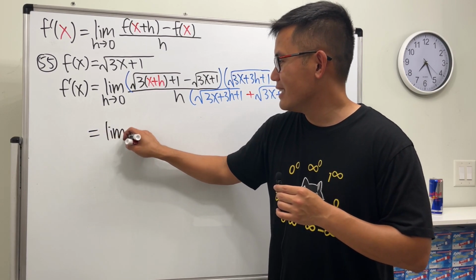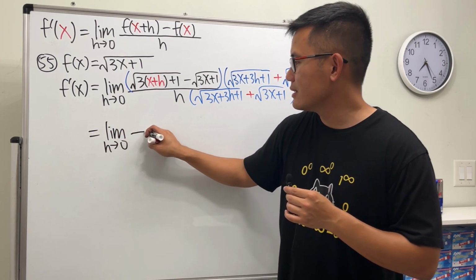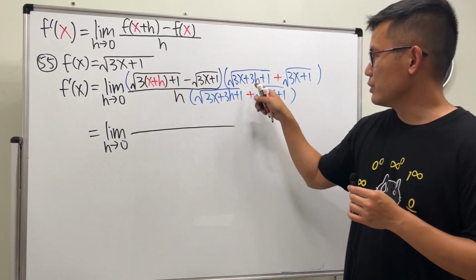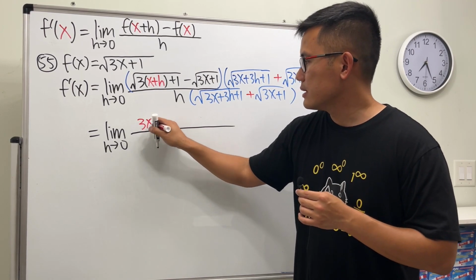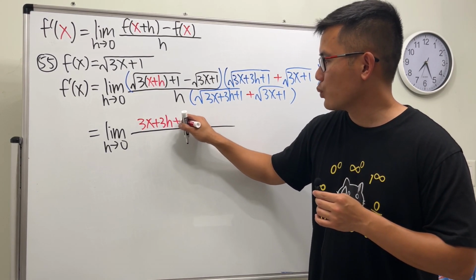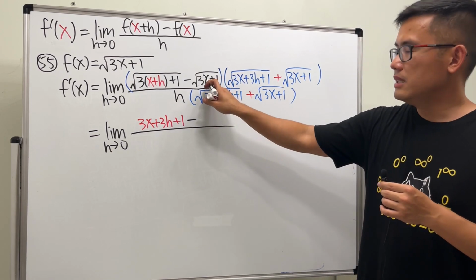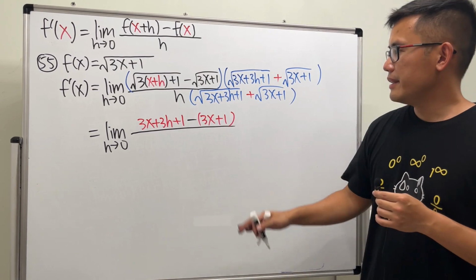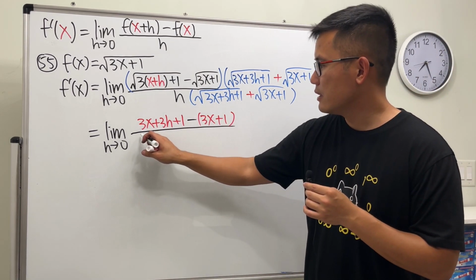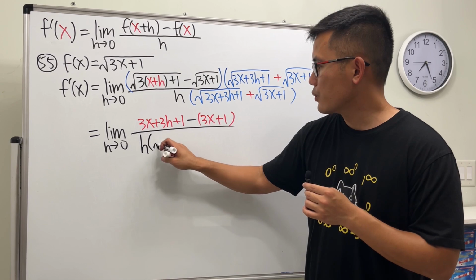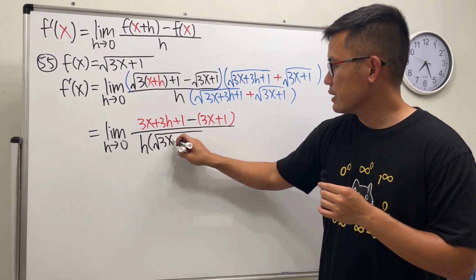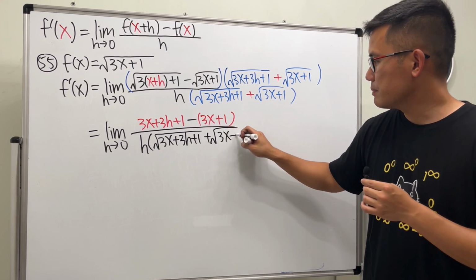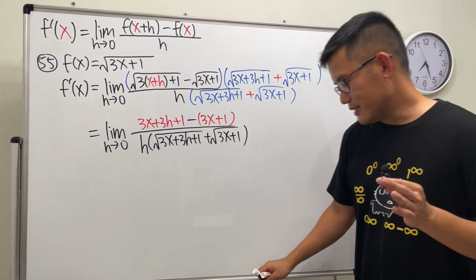Here, limit as h approaching 0. Open the top, right? Multiply on the top. We just get this square, which is just what's inside here: 3x plus 3h plus 1 minus this thing squared, which is just 3x plus 1. And then the bottom stays the same, so we have h times square root of 3x plus 3h plus 1, and then plus square root of 3x plus 1.